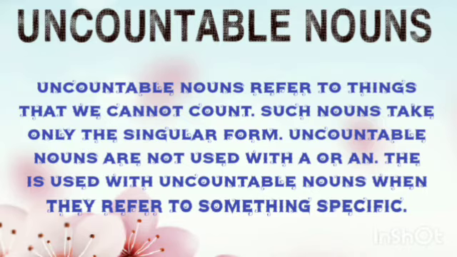Uncountable nouns are not used with the article a or an. The article the can be used with an uncountable noun only when it refers to something specific. Like we learned in countable nouns, in the same way, when an uncountable noun refers to a specific situation, then the article the can be used.